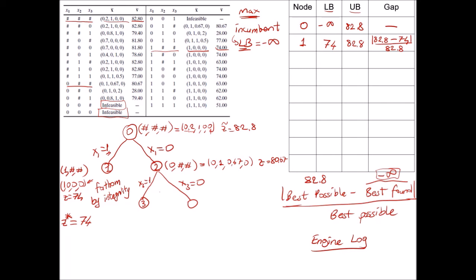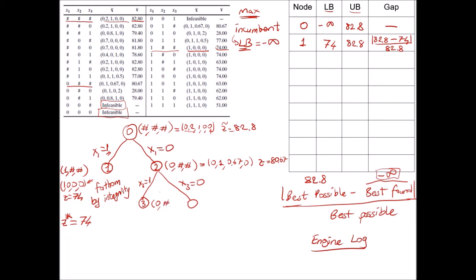Okay, in this node, which problem am I solving? Look at the x1 value. Is it fixed or free? If you go up to the root node, starting from here up to root, I see that x1 value is fixed to 0. What about x2? Up to the root node, I haven't fixed the value of x2.